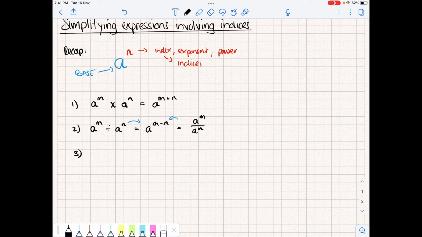Okay, law number 3 would have said if we have some number and we raise it to a power, and then we raise that base which has been raised to a power by another power, then we can just multiply the exponents.